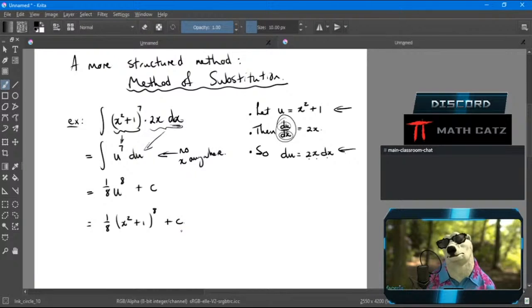Now, for this level of complexity, you might think that, okay, sure, I could have just guessed and checked my way through this, and with more experience, the guess and check can get me seemingly very far. But the more complex ones are just waiting around the corner to catch you, and guessing is just not as efficient after a while. Whereas this method of substitution is never going to fail me if there is a reverse chain rule situation.